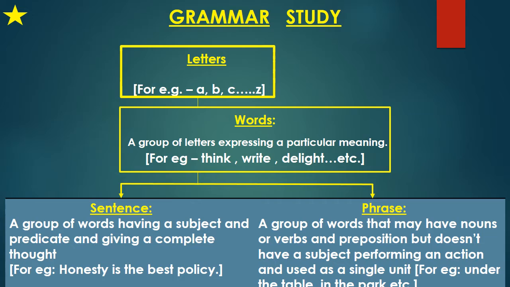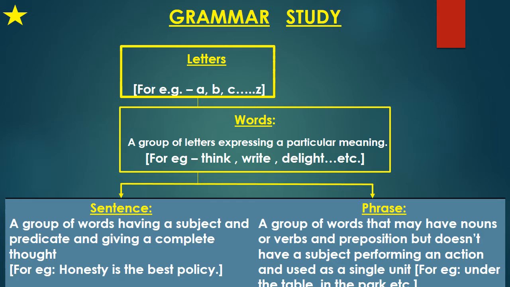What is a phrase? A group of words that may have nouns or verbs and prepositions but doesn't have a subject performing an action and is used as a single unit is called a phrase.